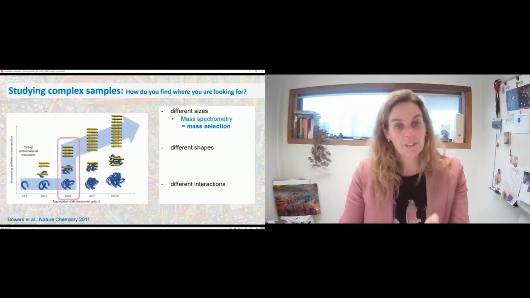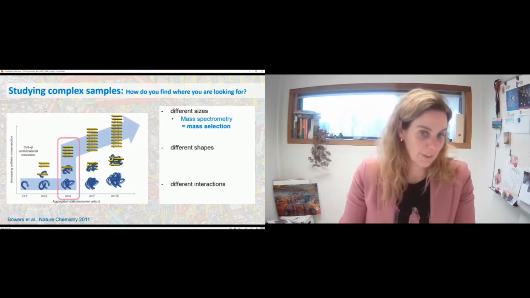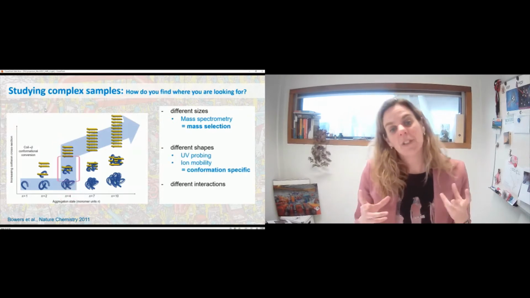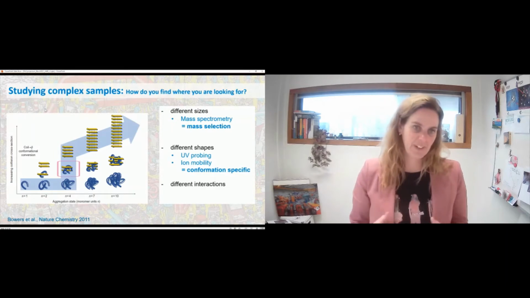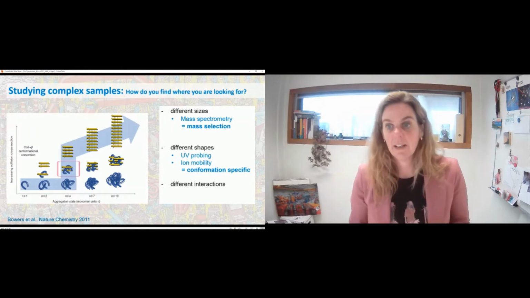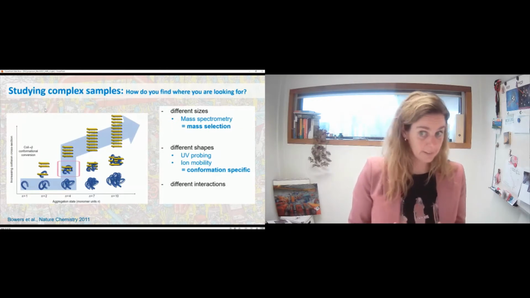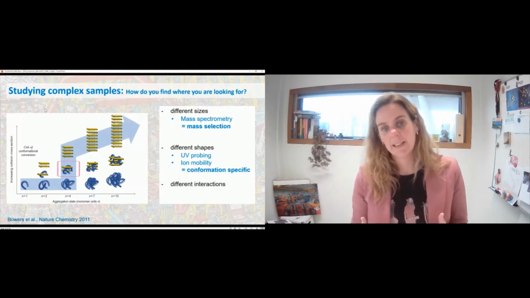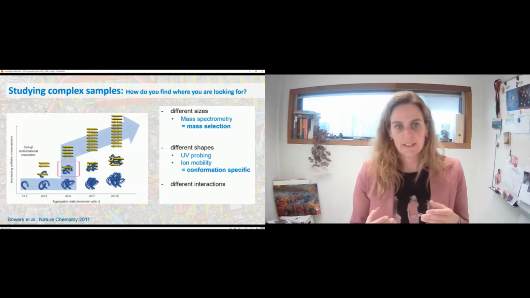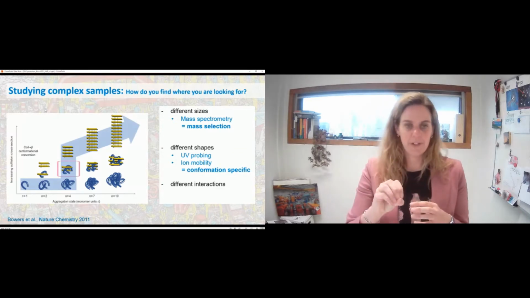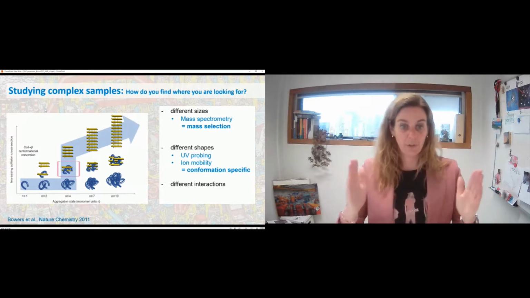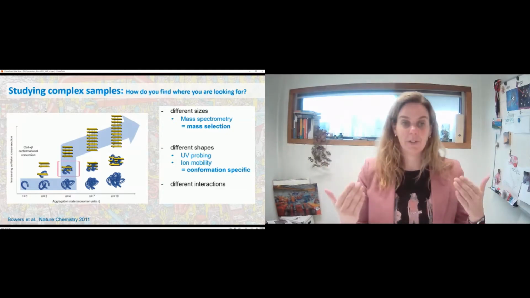So then you are, for example, in the NS4 channel. Then you want to select a different shape. For example, you're interested in the one that I highlight, and you can do this with techniques using either UV light or ion mobility, which are both techniques that select a specific conformation, so that separates these 3 structures because they have different properties.